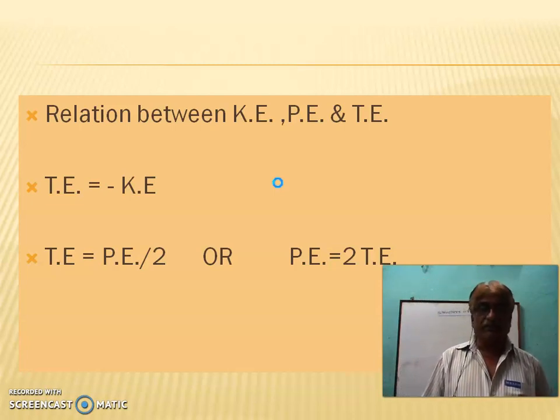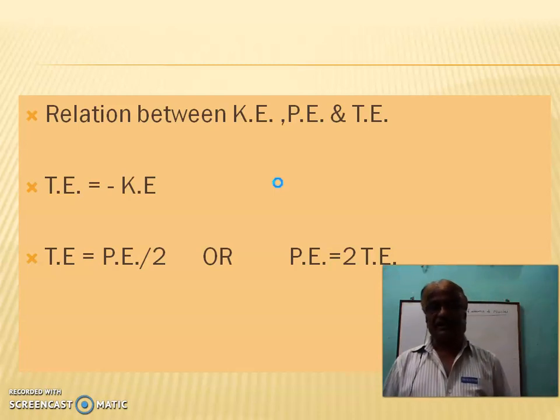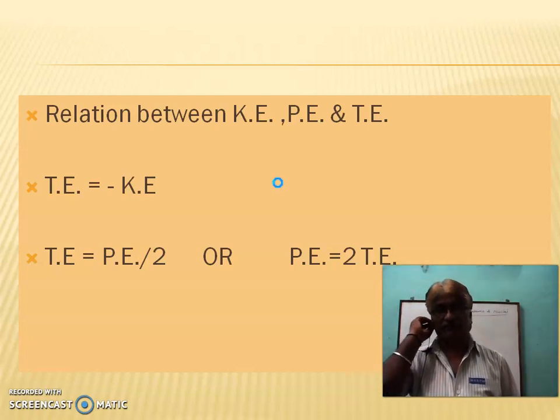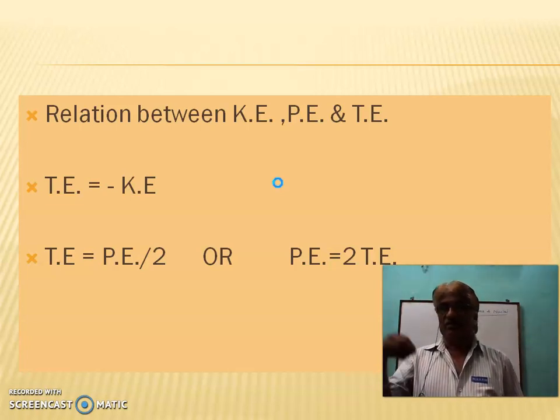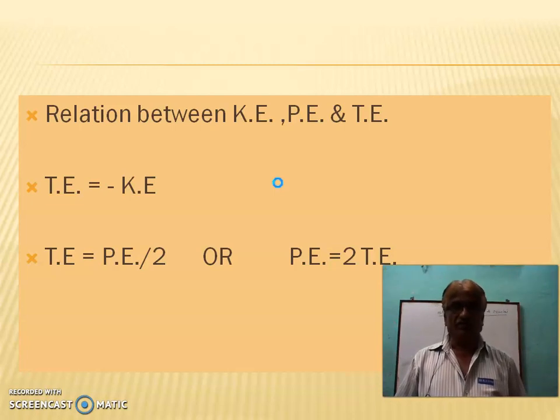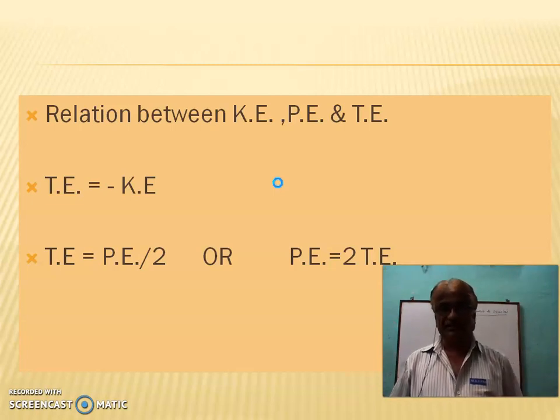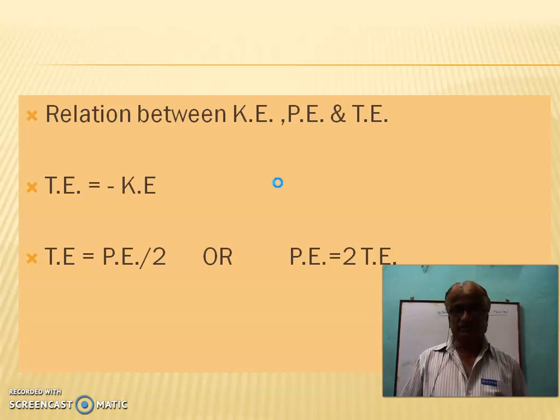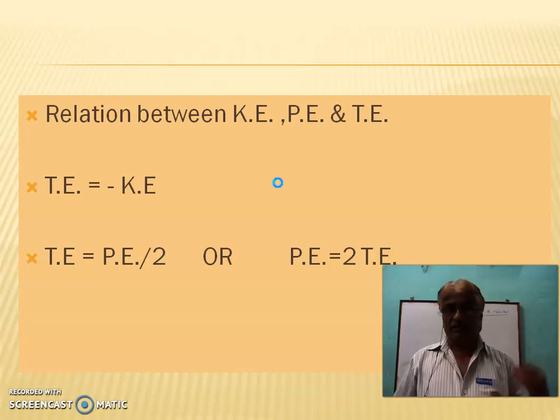Because numericals or problems can be asked. If a problem is asked, find the kinetic energy of the electron in the third orbit, then we can substitute the value of n, that is 3. Mass of electron is 9.1 into 10 to the power minus 31 kg.